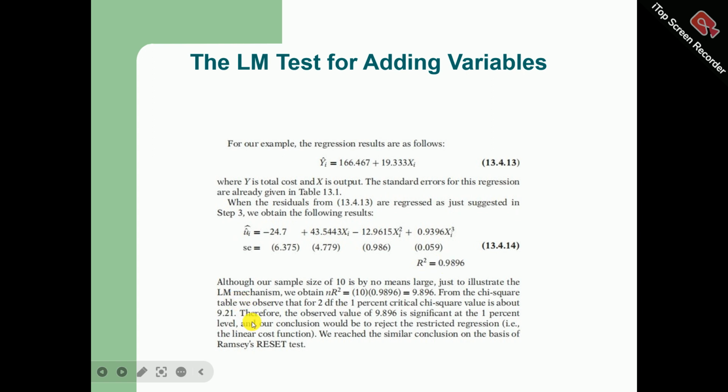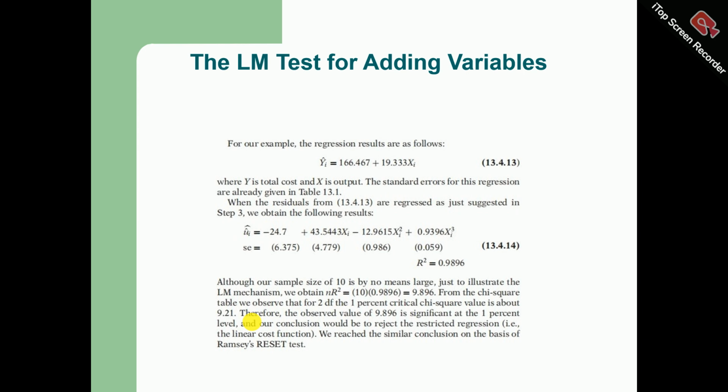Although our sample size is 10 and it is not large, just to illustrate the LM mechanism, we obtain nR square, and that is equal to 10 times 0.9896, that is equal to 9.896.